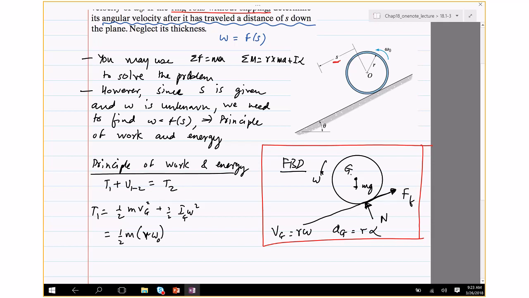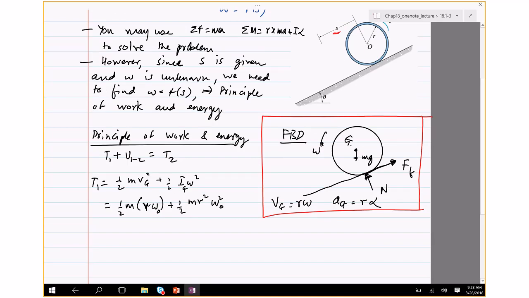It's the derivative. So that's that, plus half the inertia of a ring, which is m r square, times omega 0 square. If you simplify this, you should get, I think, m r square omega 0 square.